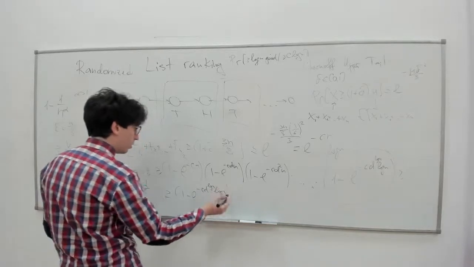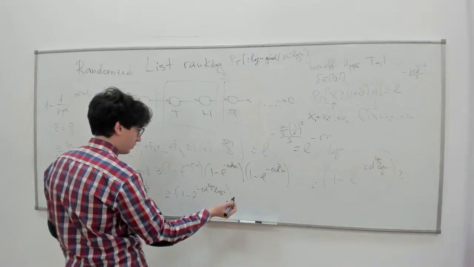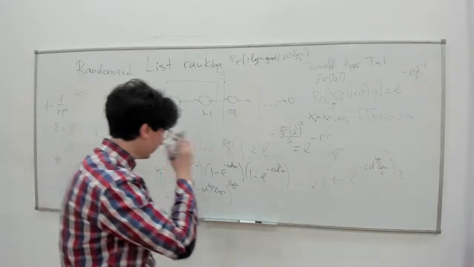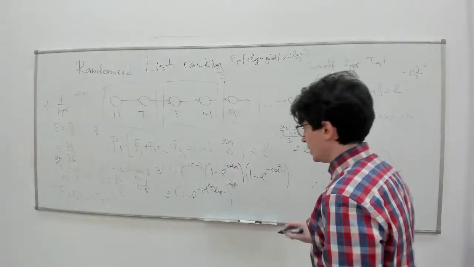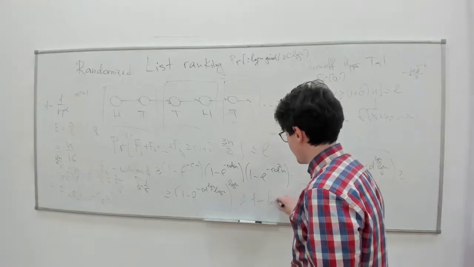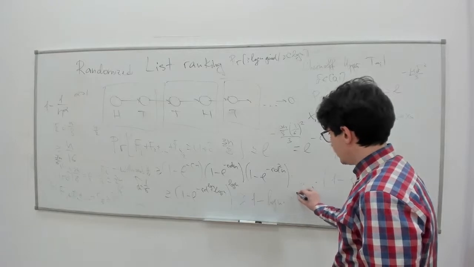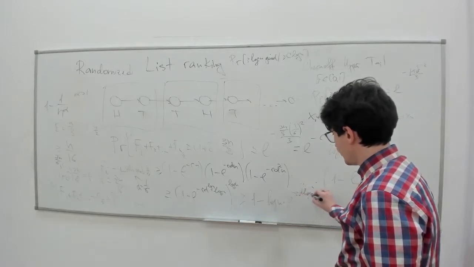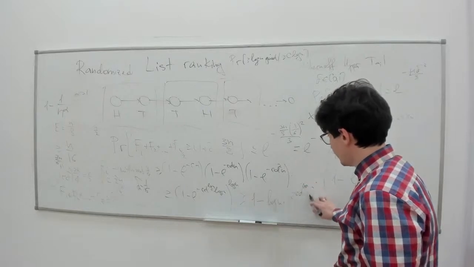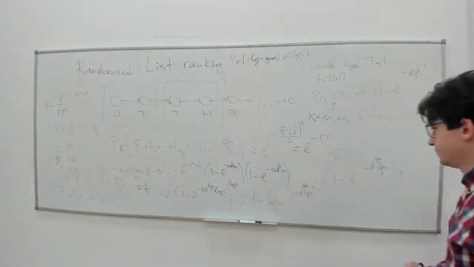in the power of log n. This is bigger than 1 divided by logarithm n by Bernoulli, minus cd logarithm n, cd in the power of logarithm n.